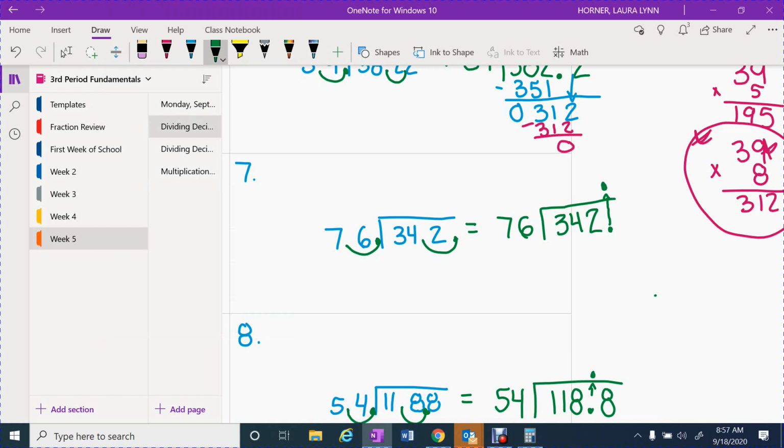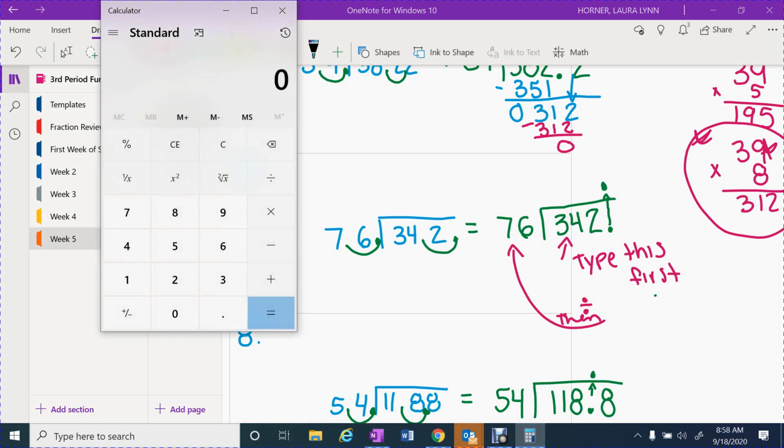When you type it into a calculator, you first type the inside number first. Type this first. Then the division symbol. Then the outside number. I know that sounds kind of confusing, but let's do this together.